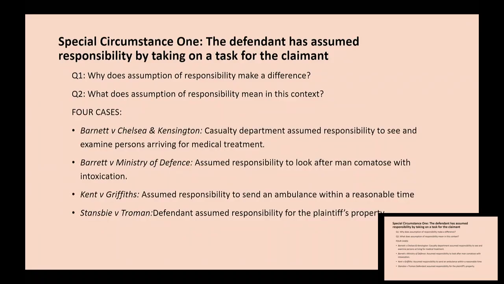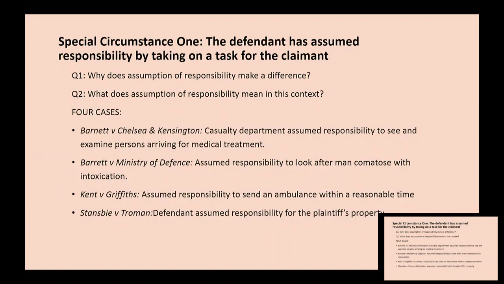Now, you've probably considered this case in the context of causation, but we're looking at it in terms of duty. So the key question from our perspective is, what is the duty of those who provide and run a casualty department when a person presents himself at that casualty department complaining of illness or injury before he is treated and taken into the hospital ward?